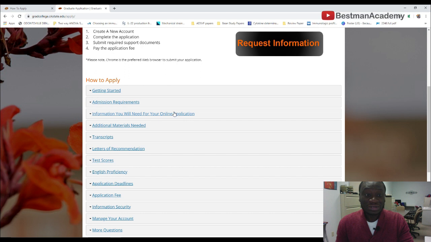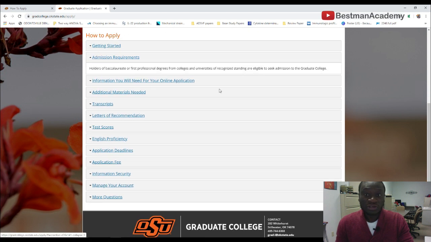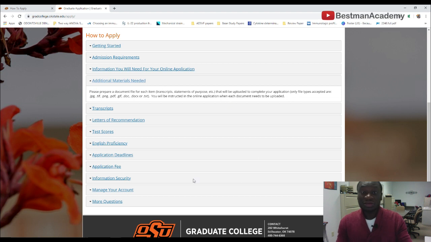Then you would try to read all the information on that page. So most of the time, the graduate college will give you general requirements, maybe the standard for all departments in the schools and in the university. So again, the most important requirements you need to read and fulfill are those that originate from the departmental web page.